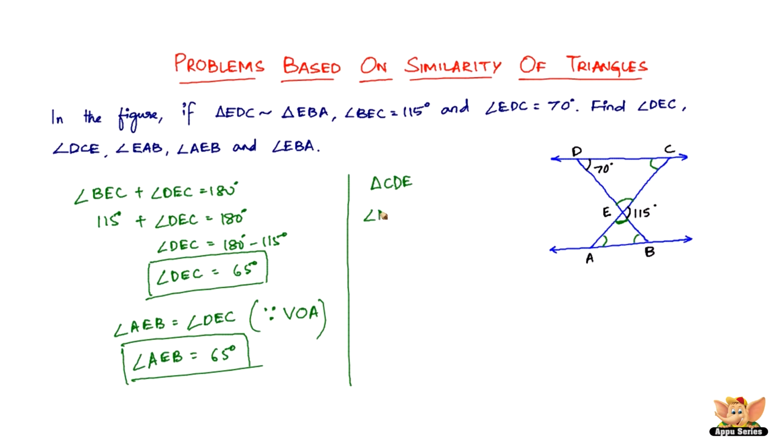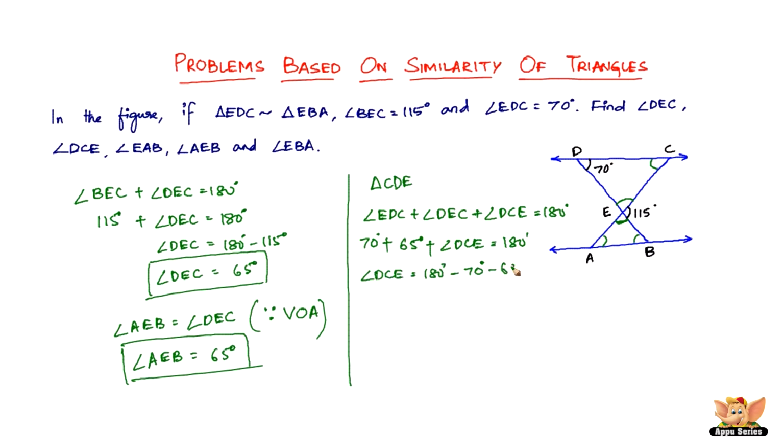In this we know 2 angles: angle EDC is 70 degrees and angle DEC is 65 degrees. So angle DCE equals 180 degrees minus 70 degrees minus 65 degrees, which is nothing but 45 degrees. Another very simple concept used to find angle DCE.